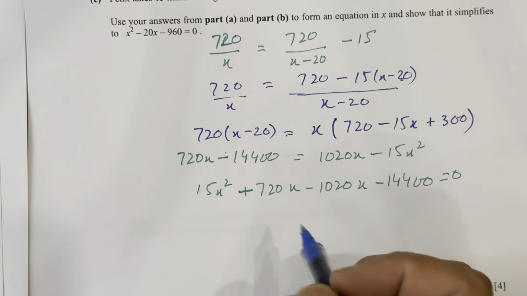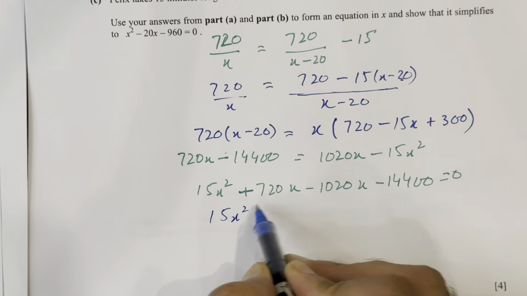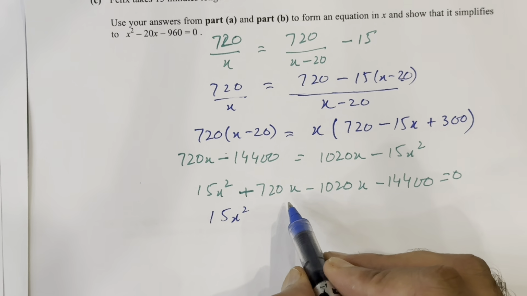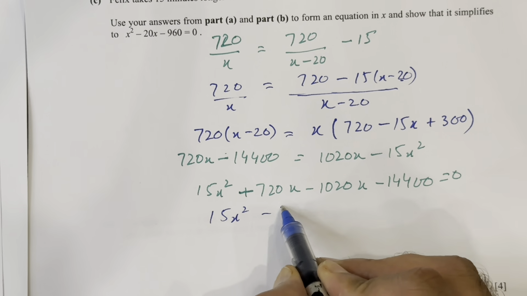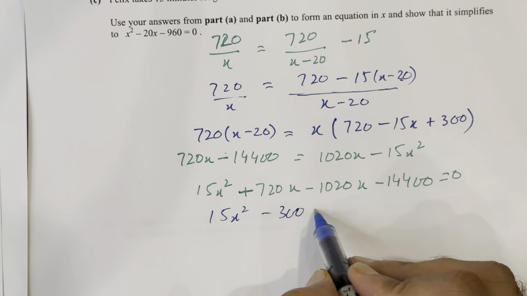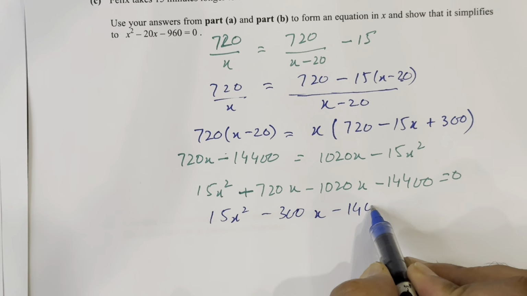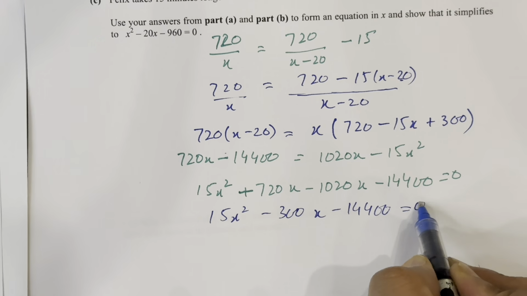So it would be like that: 15x square, and simplifying it, it would be 300x minus 14400 equal to 0.